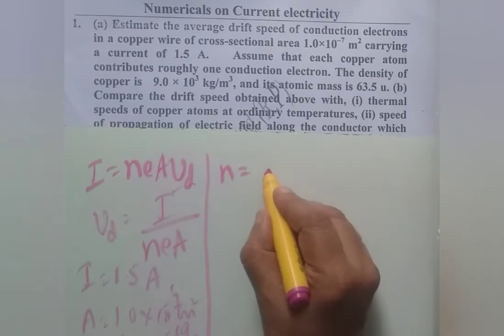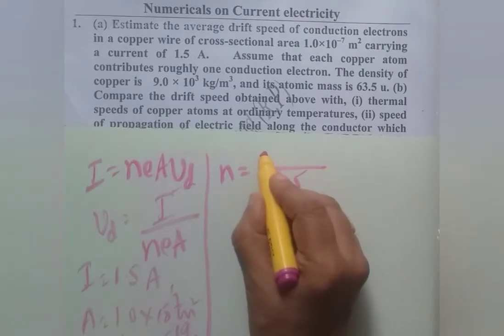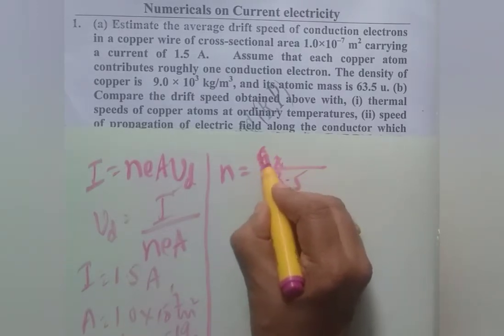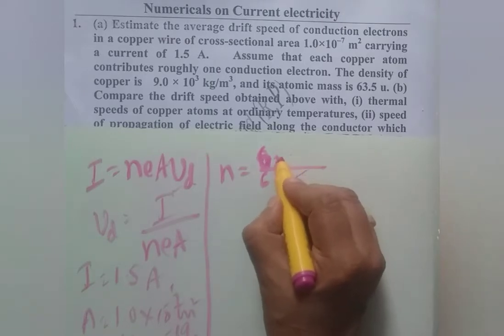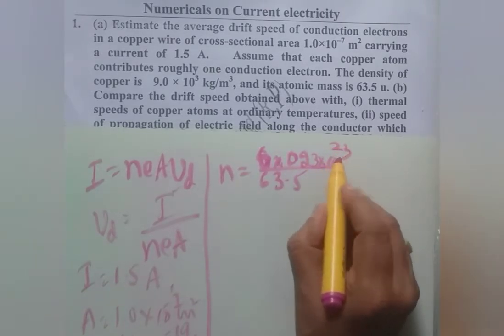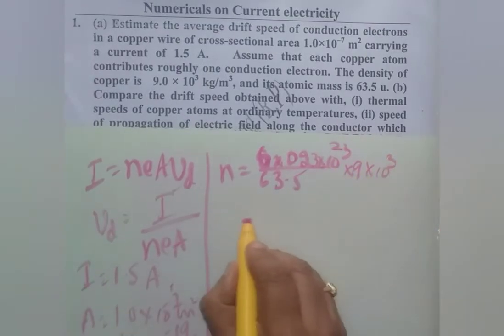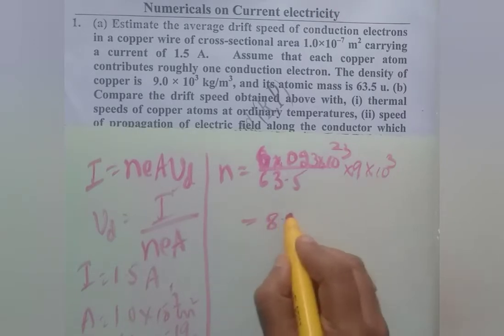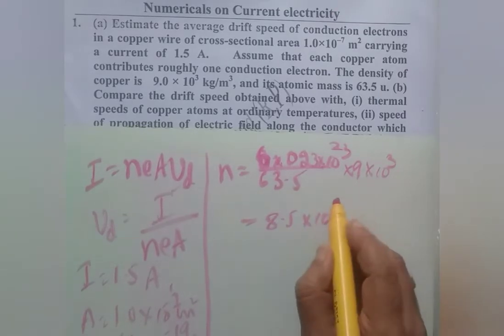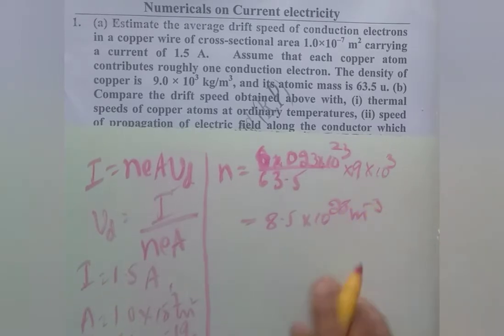N is 63.5 in the denominator, and in the numerator Avogadro number 6.023 into 10 raised to 23 into 9 into 10 raised to 3, which amounts to 8.5 into 10 raised to 28 per meter cube.